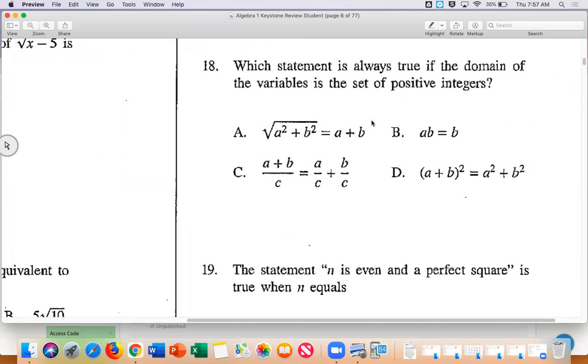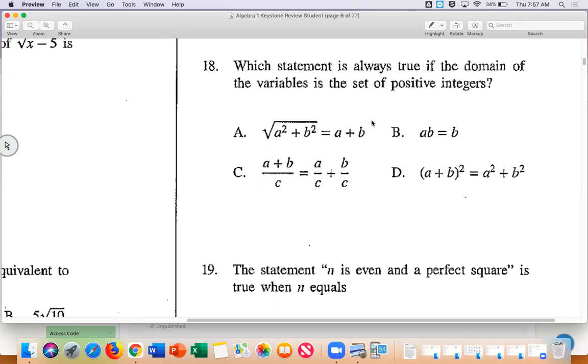Don't let it chew up a bunch of time, because remember, it's like a marathon and you don't want to exhaust yourself on this one question, okay? You can always come back to it after you complete the section. You can be like, hey, I want to go back to question 18 before moving on to section 2.